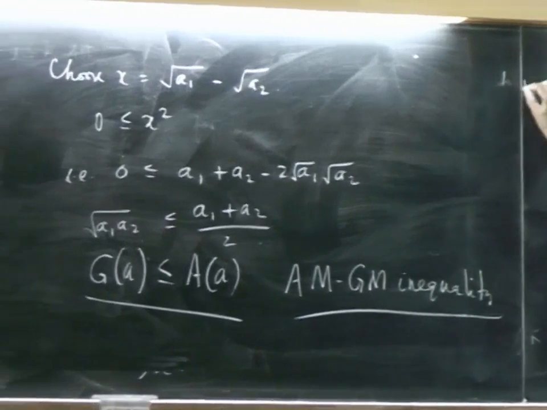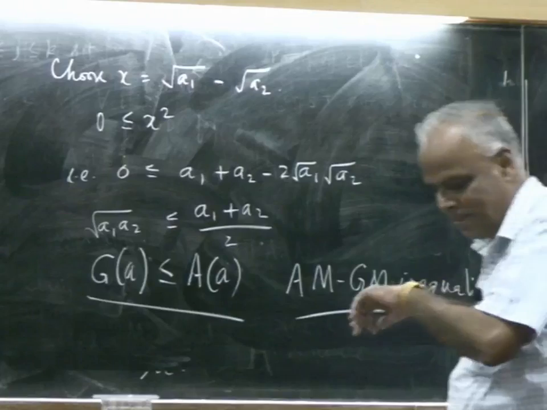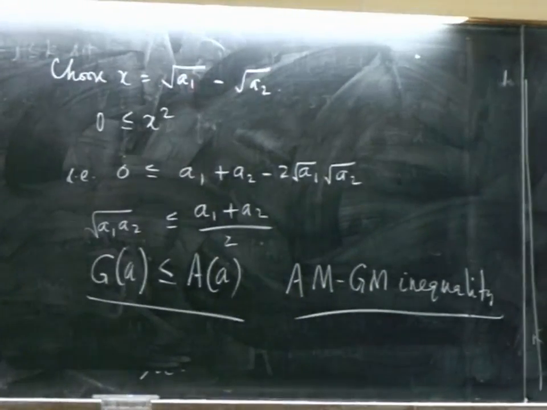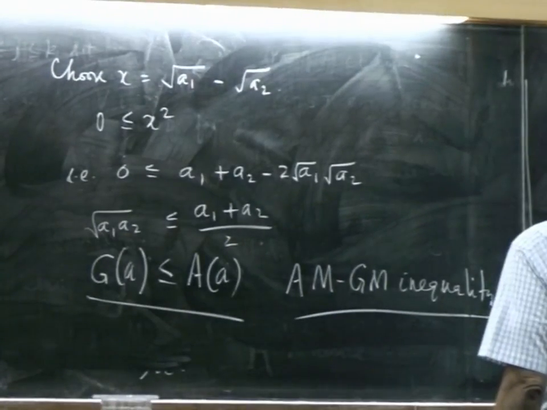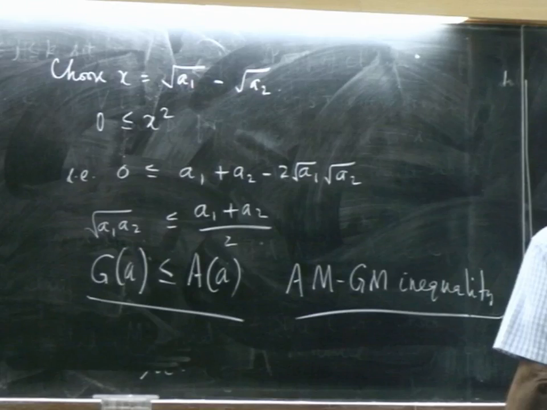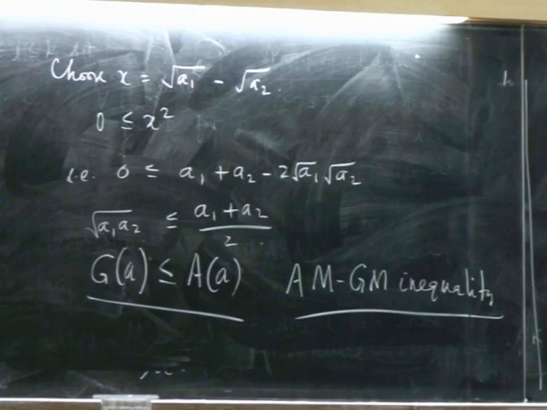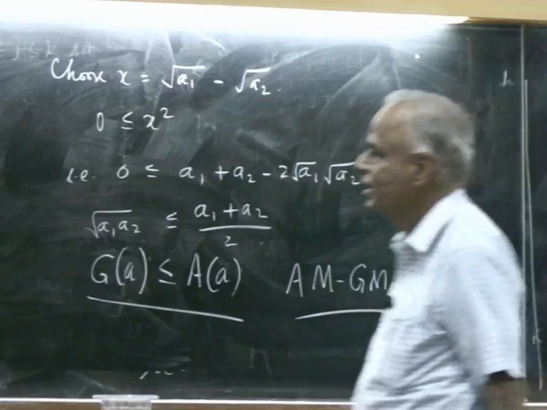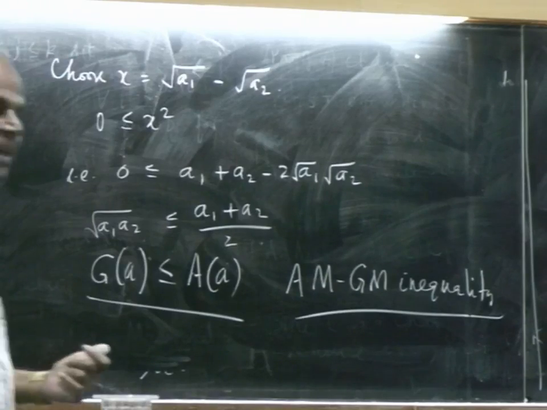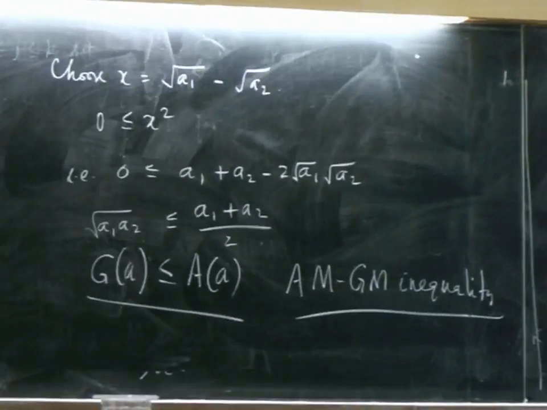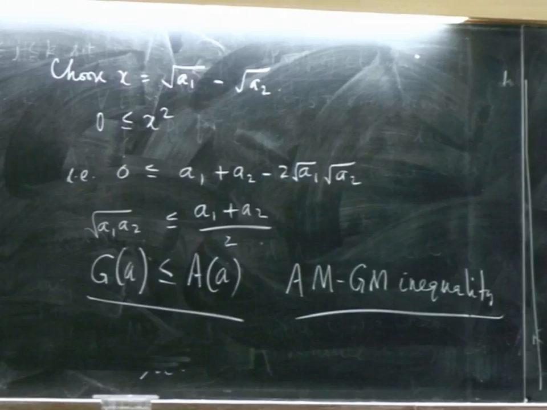Now, I will take just 3 minutes, we still have 6-7 minutes. So, I will generalize this now. How do I generalize this? If you look at the arithmetic mean, I have given the same weightage for a1 and the same weightage for a2, half half.